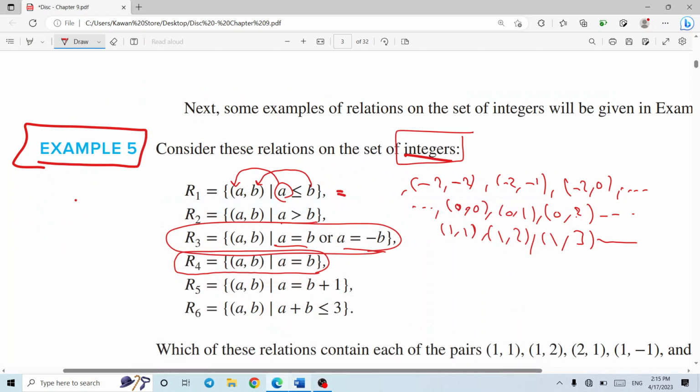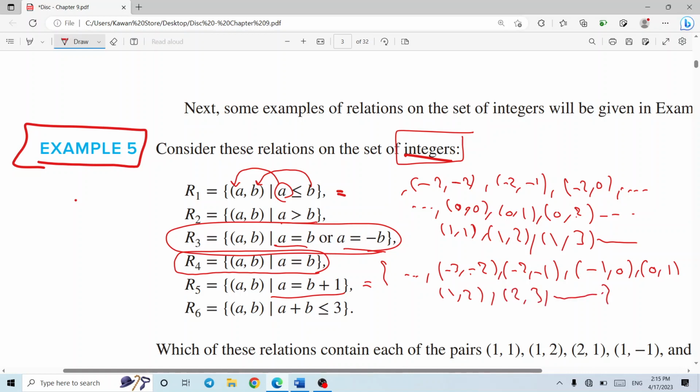Good. R4, R5. How about from minus 3? Minus 3, all right. Minus 2, minus 1, 0. Am I right? If A is 0, I'll get 1. 1, 2, 2. Just find it. Otherwise, you cannot answer the other things.